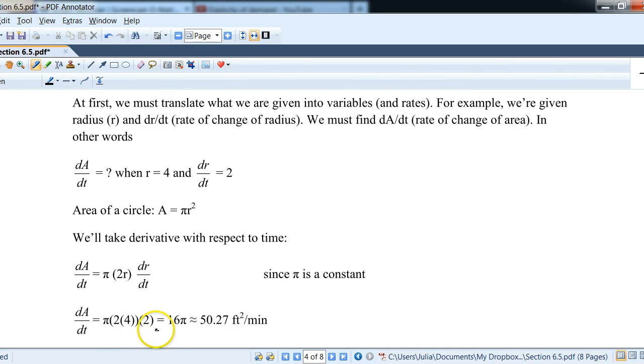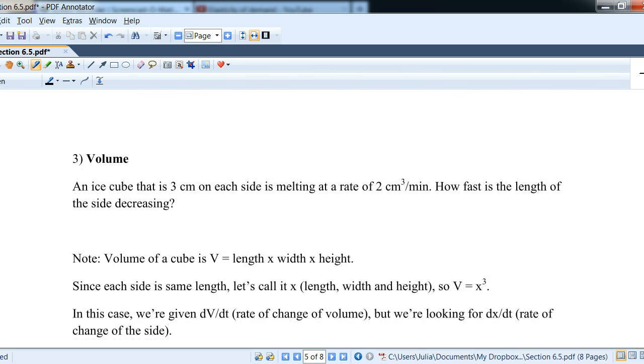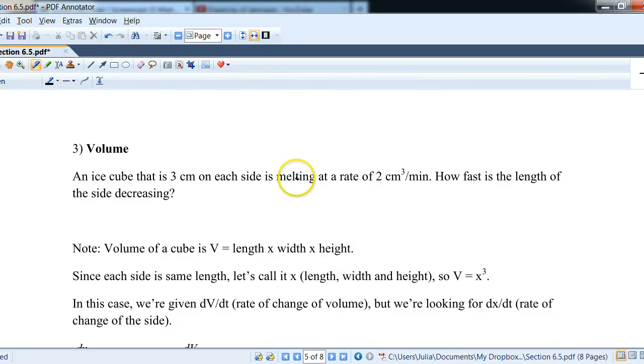That's 2 times 4 times 2, so we'll get 16 pi, which you can keep as the answer, or multiply by pi on your calculator, and you get about 50.27. And the units are feet squared per minute. This is the area, and it's changing per minute. And that's it.